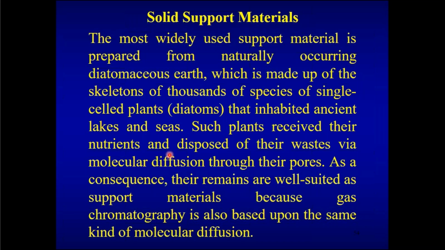Such plants received their nutrients and disposed of their waste via molecular diffusion through their pores. As a consequence, their remains are well suited as support materials because gas chromatography is also based upon the same kind of molecular diffusion. And that's why generally we have this type of support material being used.